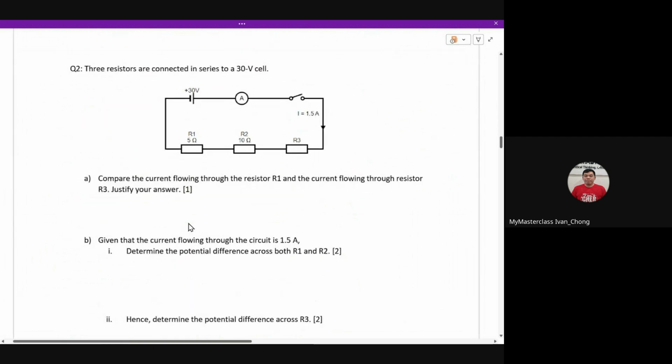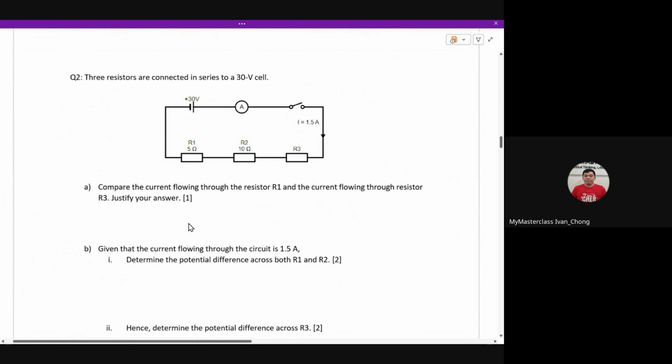Okay, so next part, next page, there's one more. So now you have 3 resistors connected to a 30-volt cell. So 30-volt cell, you have 3 resistors, do, re, mi, R1, R2, R3. So find the current, compare current for R1 and the one for R3. So because, compare, right?